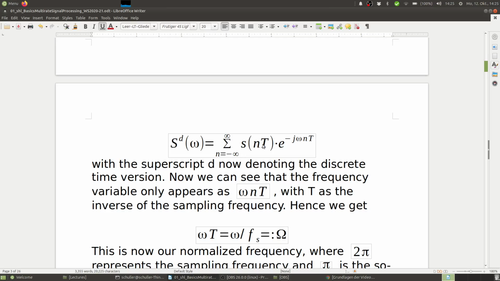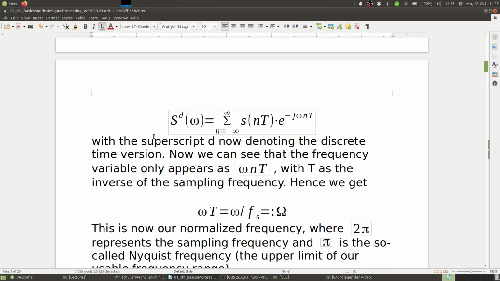So here we have s of nT times e to the minus j omega, and now instead of having lowercase t, we just have this n capital T, right? So this is now the result for the sampled version, and that has some important consequences. First, the superscript d now denotes the discrete time version. Now we can see that the frequency variable only appears as omega times n times T, so together.